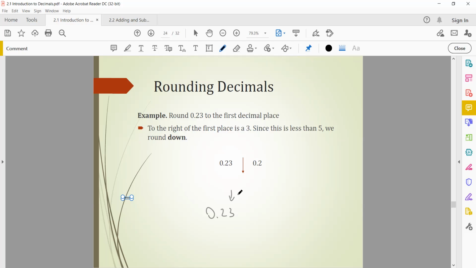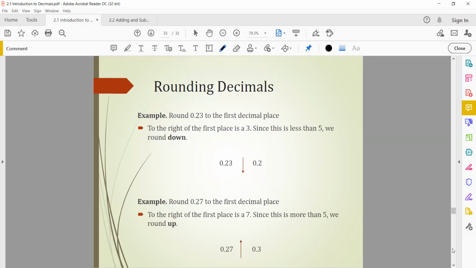In this case, it's 3, less than 5, so you round down. You just drop that 3 and you get 0.2, and you've officially rounded to your first decimal place. If it tells you to round to the first, you always look at the second. So that's one example of rounding down.